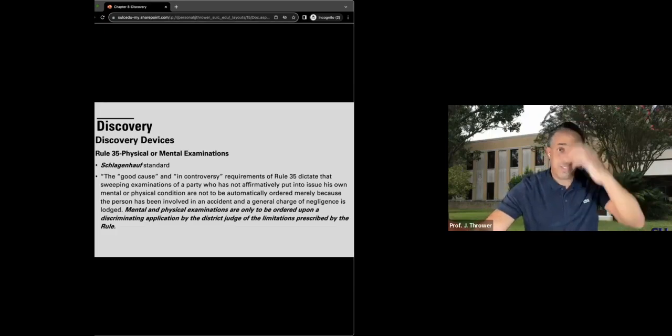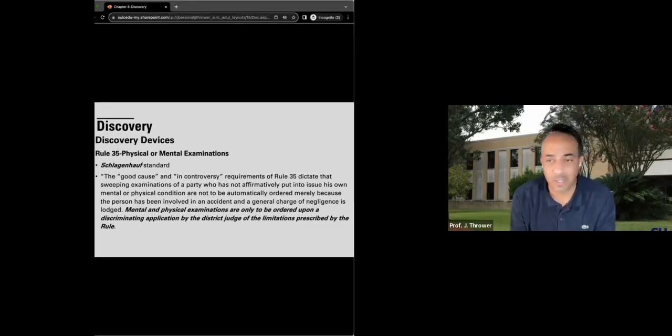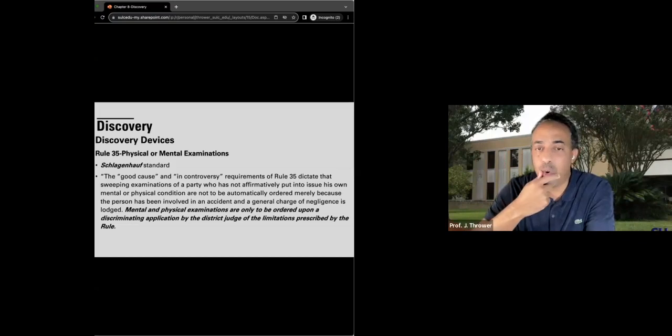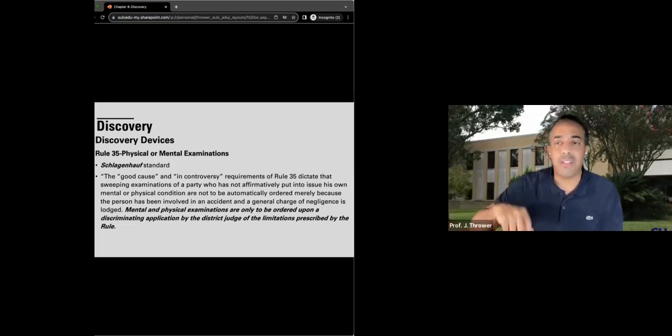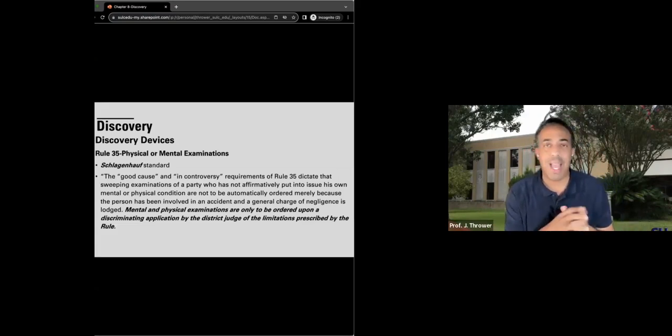In this case, the case of Schlagenhauf versus Holder, which has come to be known as the Schlagenhauf standard, the Court determined that the good cause requirement and the in controversy requirement set out under Rule 35 dictate that sweeping examinations of a party who has not affirmatively put into issue his own mental or physical condition are not to be automatically ordered merely because this person has been involved in an accident and a general charge of negligence has been lodged.